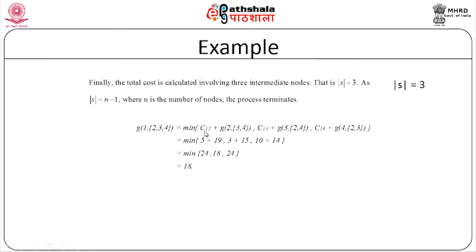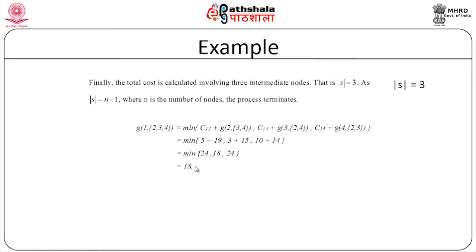It is going to be the minimum of c of 1 2 plus g of starting from 2 to 3 4, and like that I can write. When we plug in the values of the previous iteration, the minimum cost is going to be 18. In other words, the shortest path from the source to the destination is 18.